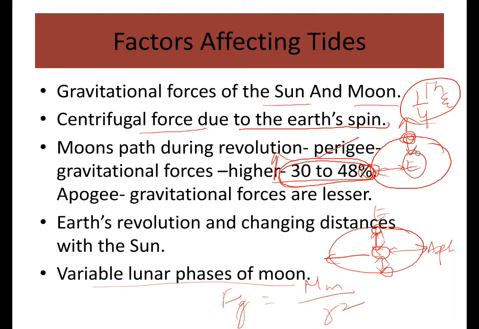Though its mass is less, it is very near to the earth, so its gravitational force is much more than the sun's. The mass of the sun is more, but the distance between the earth and sun is much more. That's why the moon's gravitational force influences the tides much more than the sun's gravitational force.